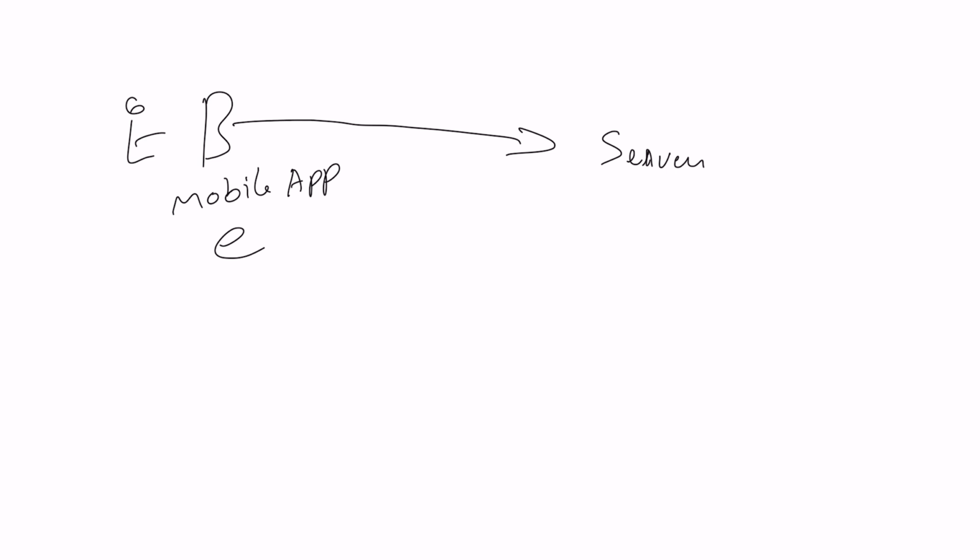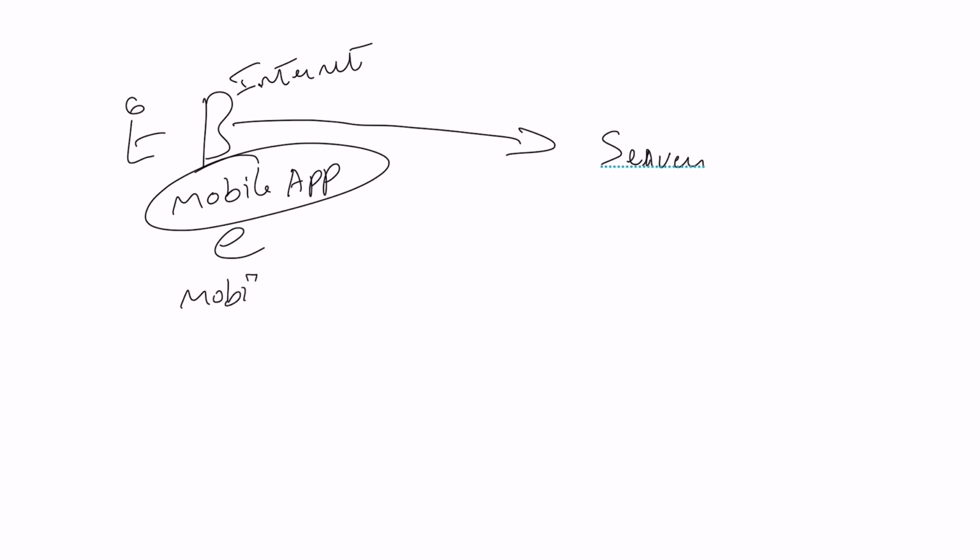Now, to make this connection, you need some components already available. So I'll just list them down. You need internet, right? Without internet, your mobile application will not work. You need the application itself, correct? You need your mobile application password or internet banking password, correct?